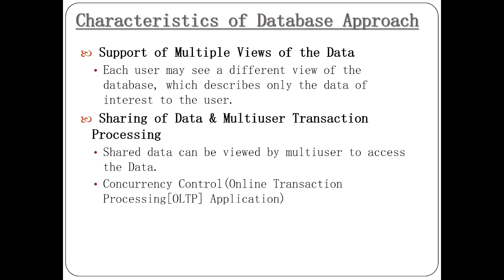This process is known as online transaction processing. Okay. So what is online transaction processing? It is a process where one user is accessing data and another user is updating that data. Then the DBMS makes sure that the information is correct and that the information is visible to the other user. Okay, this is nothing but online transaction processing.